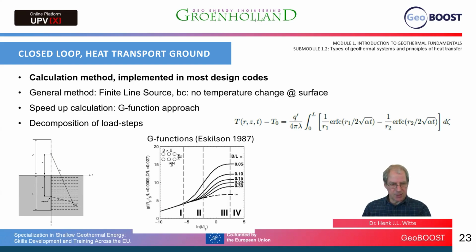An example is the graph in the middle, where you can see the dimensionless G function as a function of the log of time. And this is valid, on the top left, for a 3x2 heat exchanger configuration. What we also need to do is decompose load steps, but that is more a technicality in the computation, so we won't go into that.